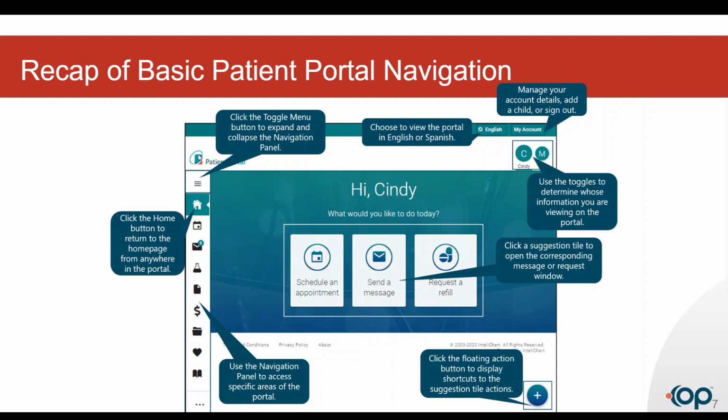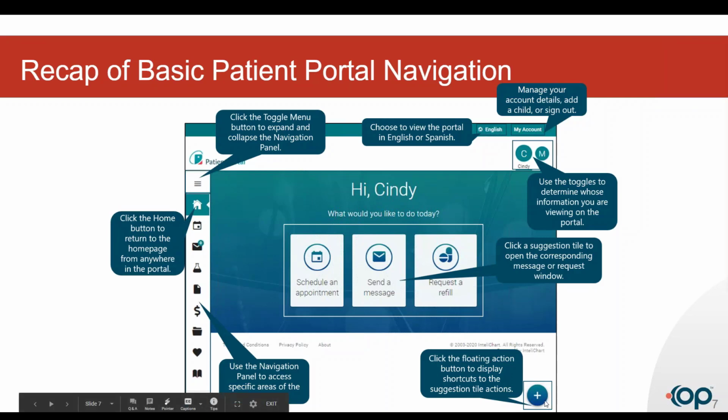In the upper left-hand corner, we saw our logo, and directly below that, we saw our toggle menu button that allows us to expand or collapse the navigation panel. Within that navigation panel, we saw the home button that will always allow us to return to the home page from anywhere within the portal, as well as additional areas of the portal which we could access.